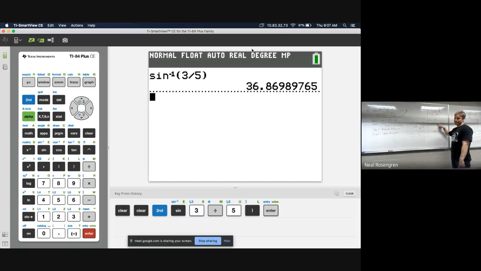Sine is opposite over hypotenuse. And so if 8 is the opposite length, I can draw an 8 right there. And if 17 is the hypotenuse, that means I can draw 17 right there. And step 1 and step 2 are done.